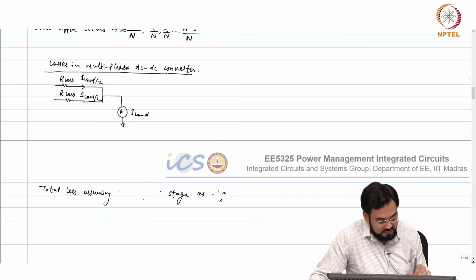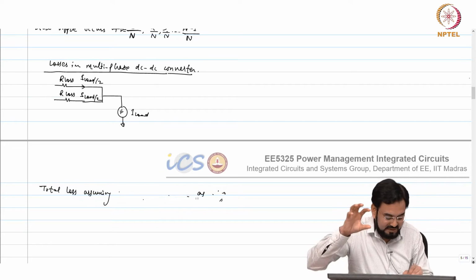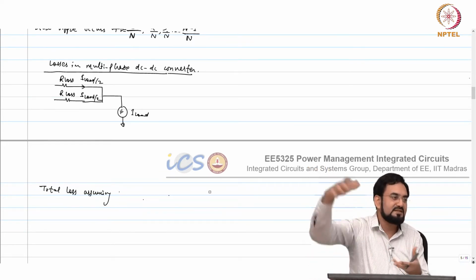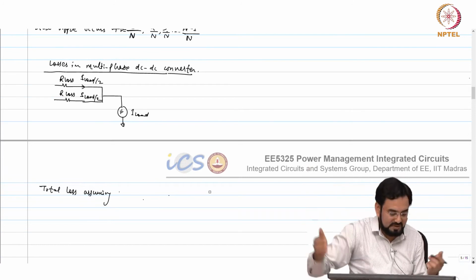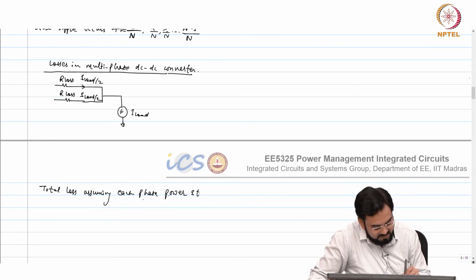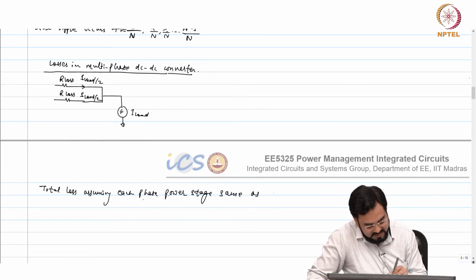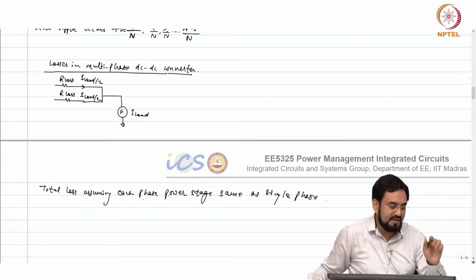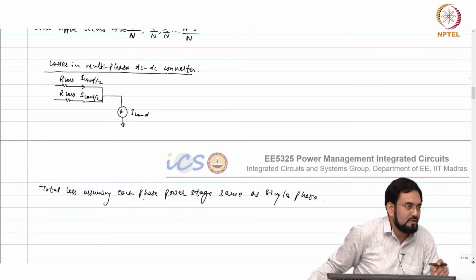So first, let's say I just copy the same converter multiple times, which means I am increasing the size of power FET, like 2 phase 2x, assuming each phase power stage is the same as single phase. That's why I kept it R loss, not twice of R loss.